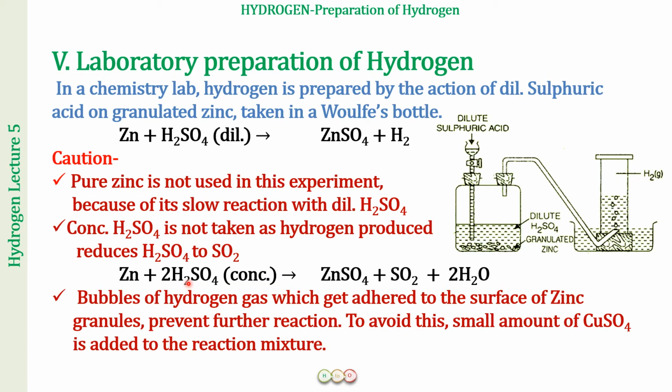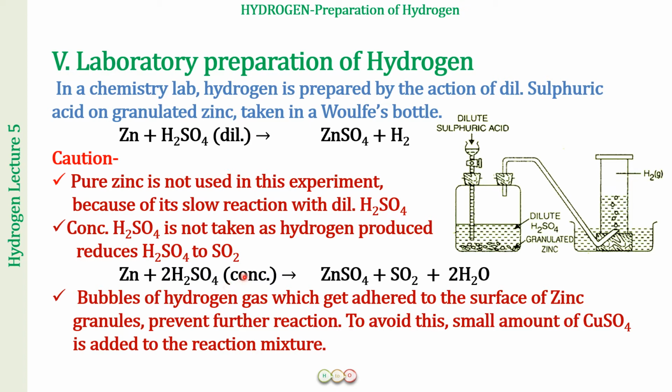Okay, now when it is dilute H2SO4, this is a non-oxidizing acid, right? So the nascent hydrogen which will be formed will quickly combine with each other. Nascent hydrogen has a very short life, and they will result in the formation of H2 along with zinc sulfate. Fine. But when we have concentrated H2SO4, this is an oxidizing acid.